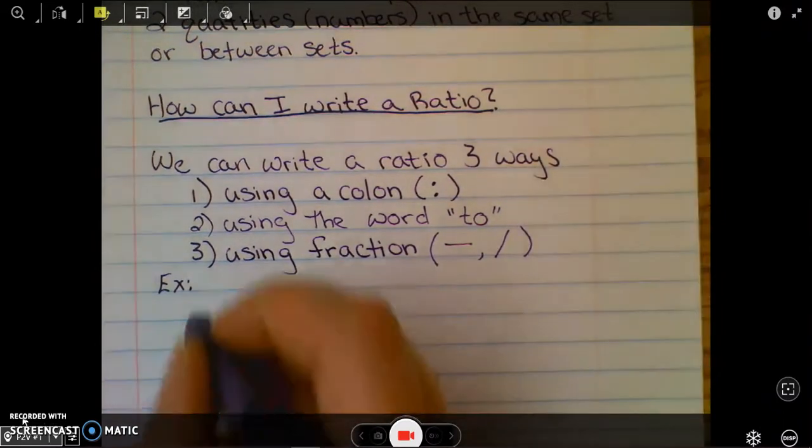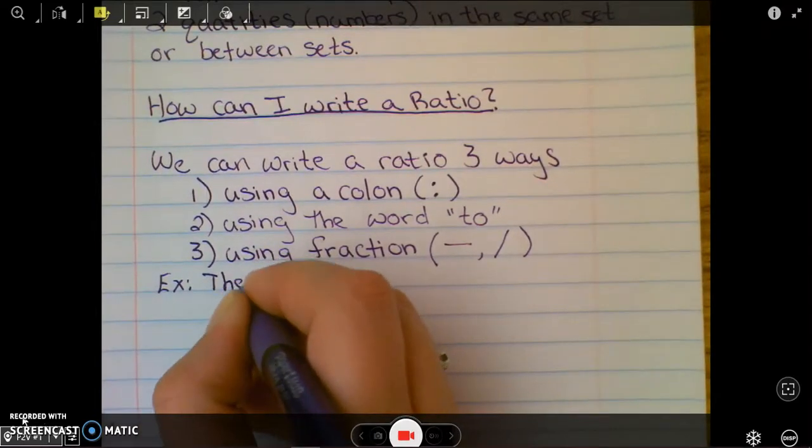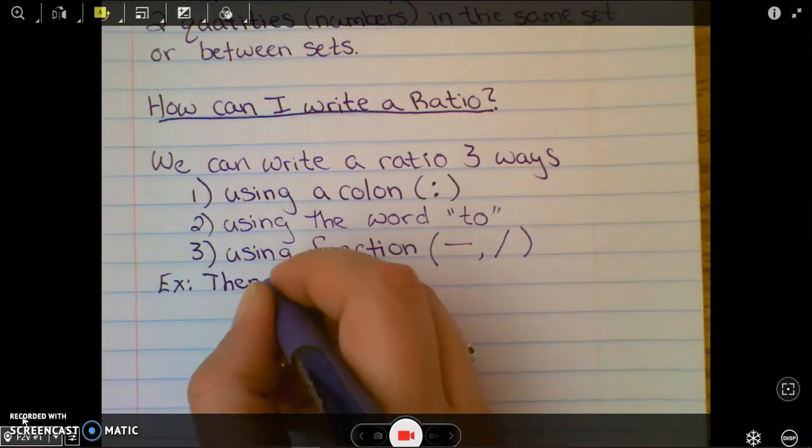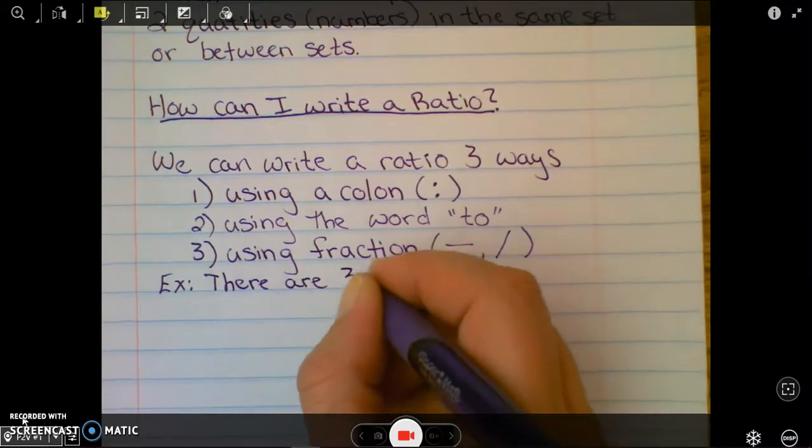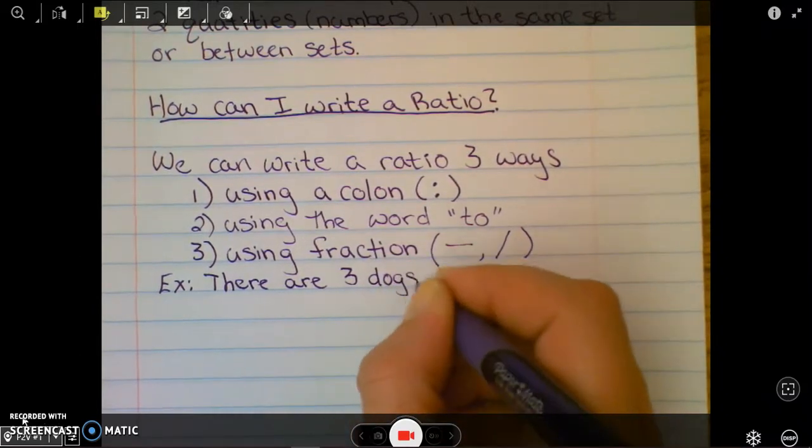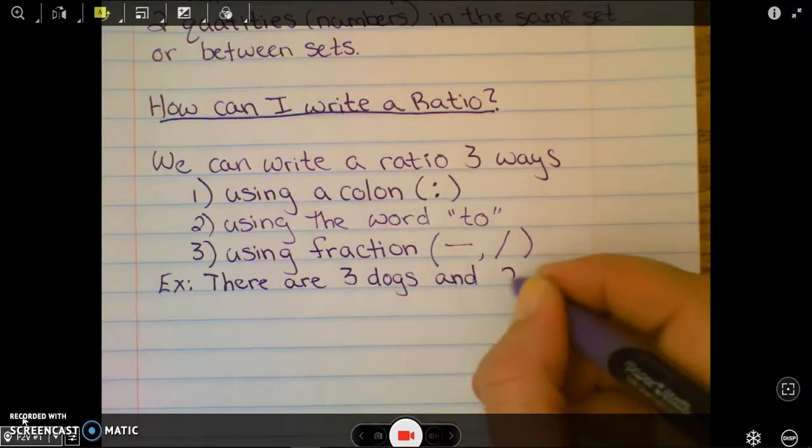So the first example, or the example for this, is we're going to write a sentence. There are 3 dogs and 2 cats.